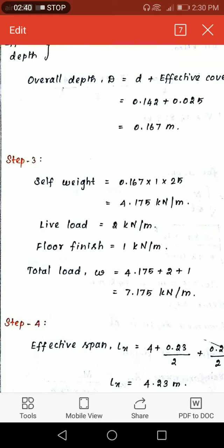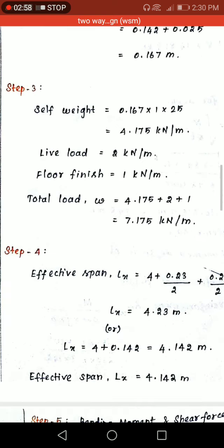Unit weight of RCC into, slab design means you have to design in 1 meter width, therefore B equal to 1 meter, multiplied by 1 into overall depth 0.167 meter, therefore self weight of slab equal to 4.175 kilonewton per meter.